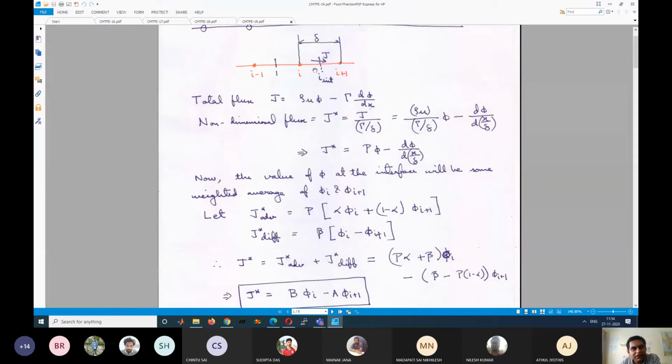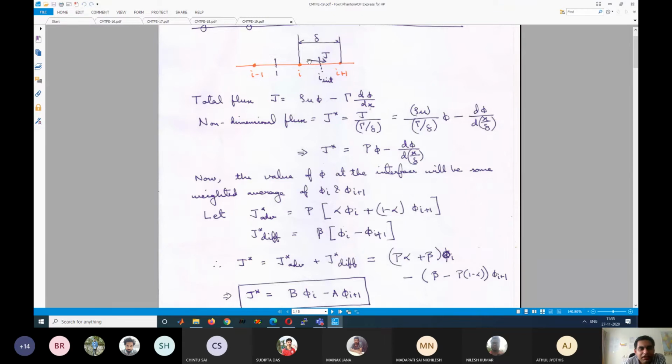But in the reversed coordinate direction, my Peclet number will be minus 10 instead of plus 10, because along this new coordinate, going from right to left, the flow is negative.